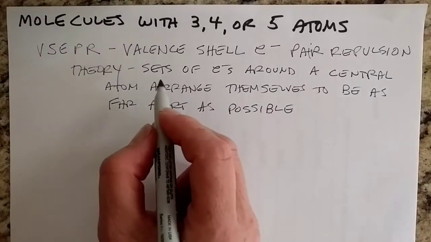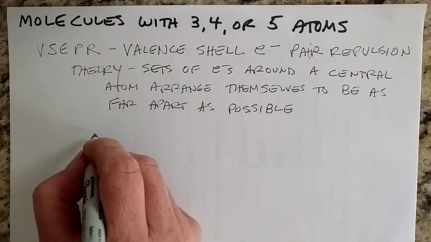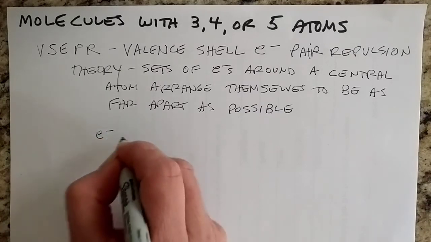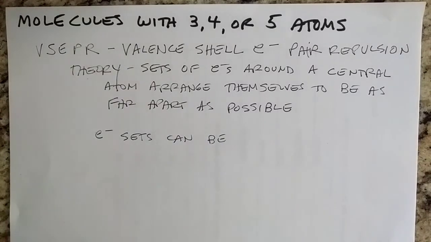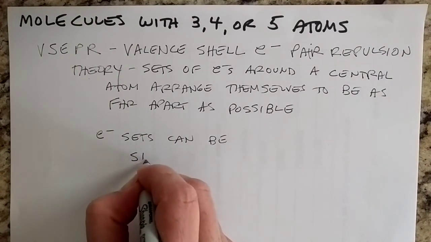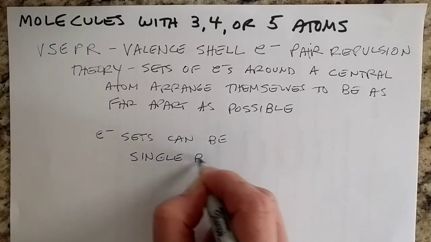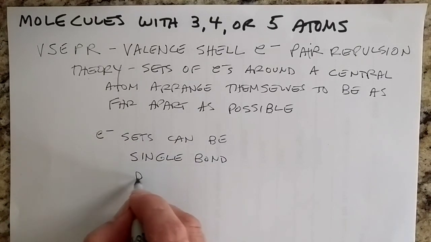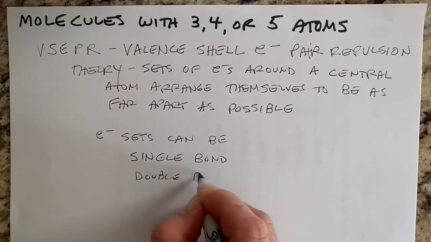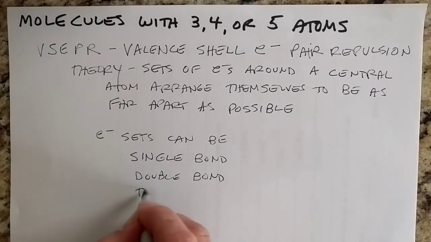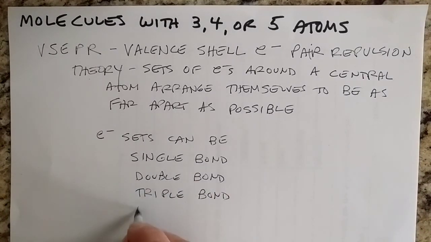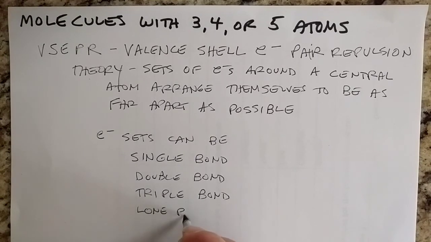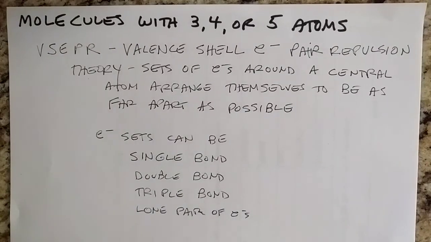So now, what do we mean by these sets of electrons? So electron sets can be either a single bond, a double bond, a triple bond, or a lone pair of electrons.